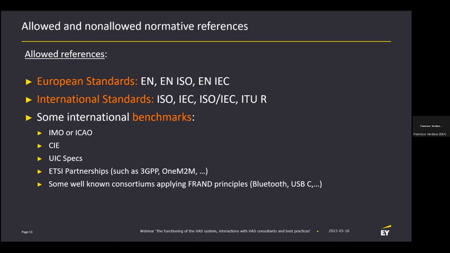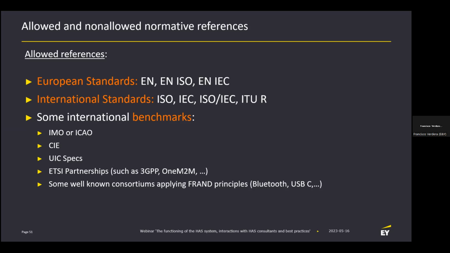But then we have a gray area that we call international benchmarks. Here are examples: IMO, the Maritime Organization; ICAO, civil aviation specifications; CIE, the International Committee of Lighting; the UIC specifications, the International Union of Railways; the ETSI partnerships such as 3GPP or oneM2M, where European participation is clearly ensured.